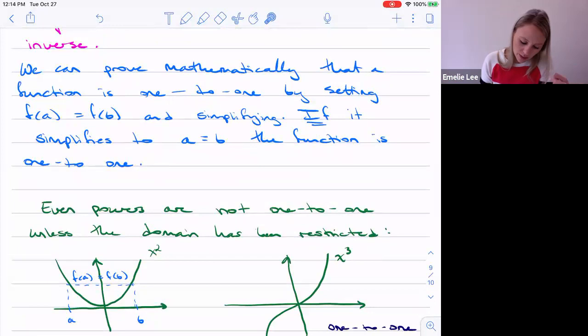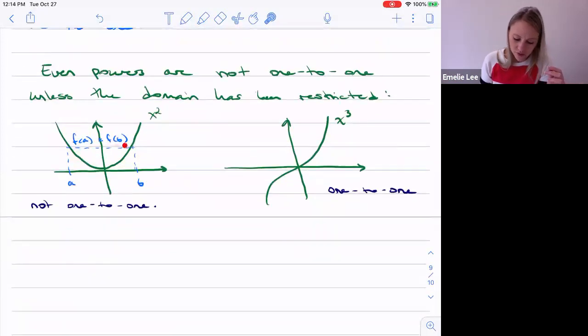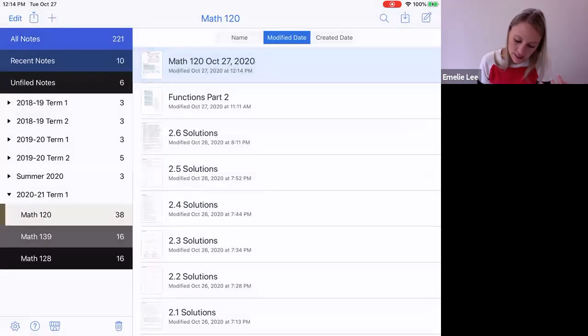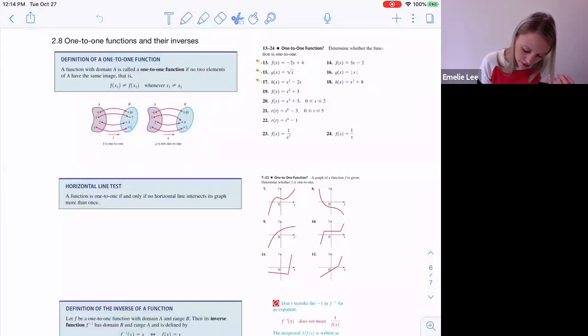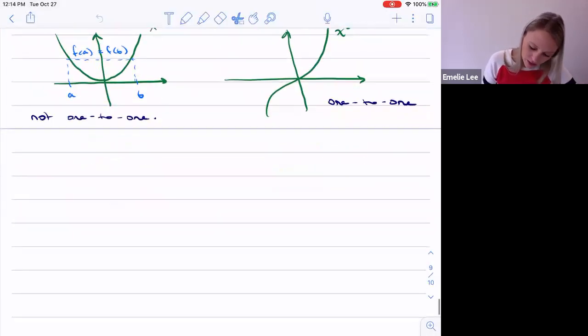But I also want to bring up that if we see something like this, where I've got the same output happening twice for two different values of x, then it's not one-to-one. So I can look at it graphically to determine if a function is one-to-one.